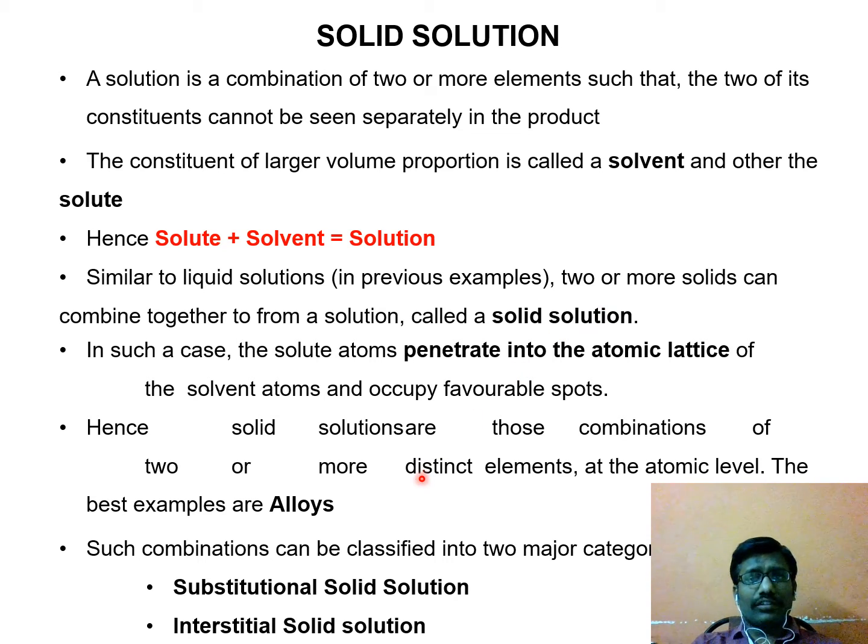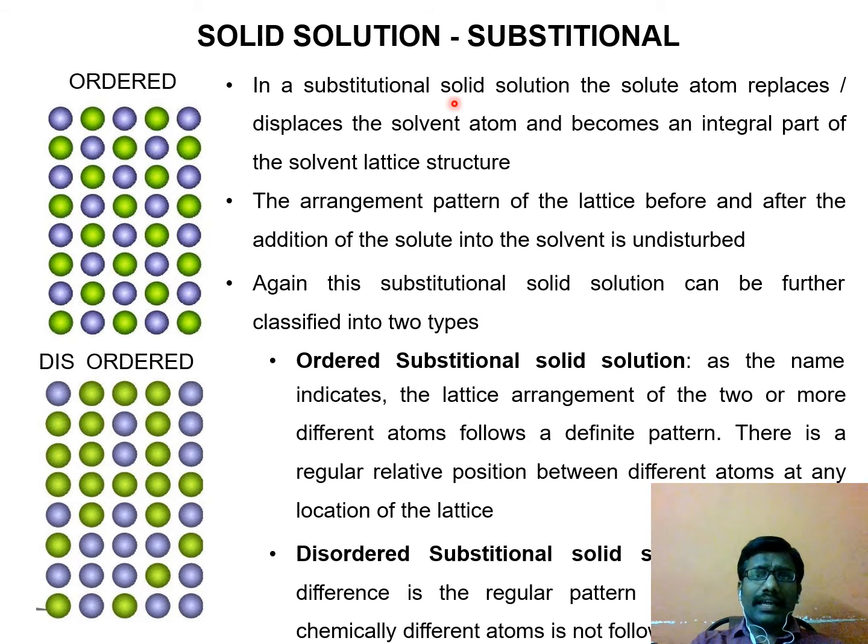Here we have two types of solid solution: substitutional solid solution and interstitial solid solution. Substitutional solid solution we can again classify into two types: ordered substitutional solid solution and disordered substitutional solid solution.